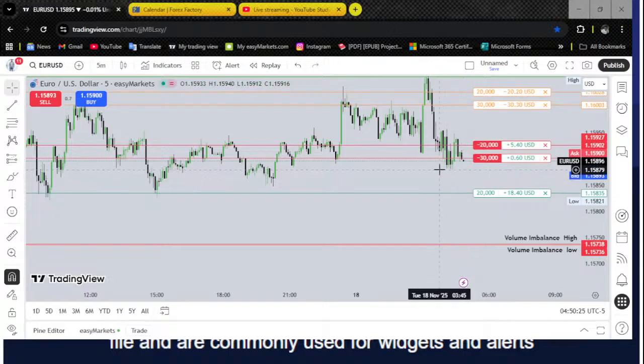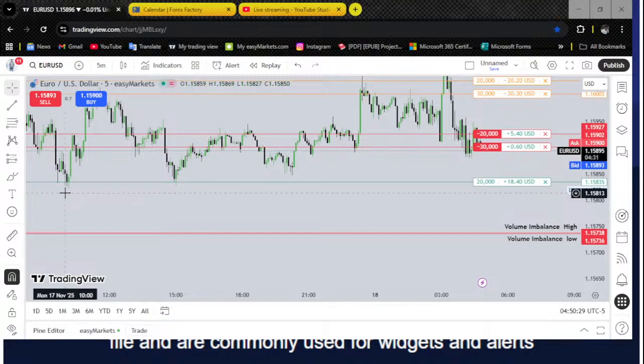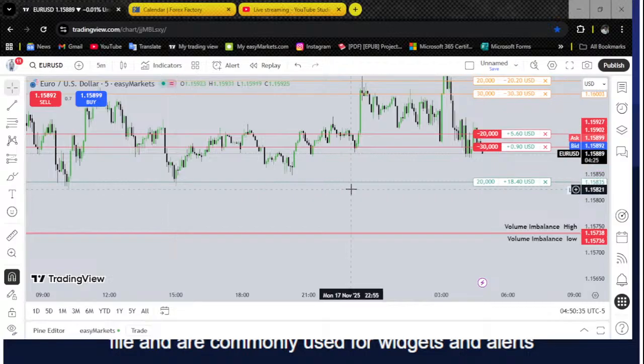I'm waiting for this short-term low to be taken first, and then we go and attack this excess liquidity. This excess liquidity to be taken.